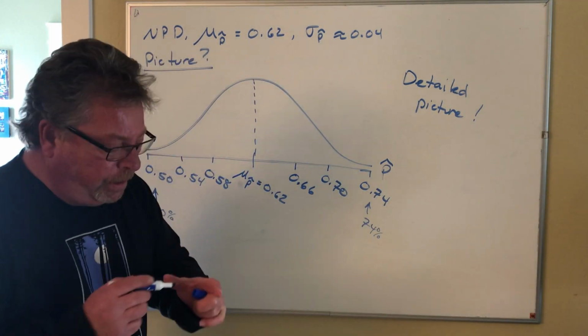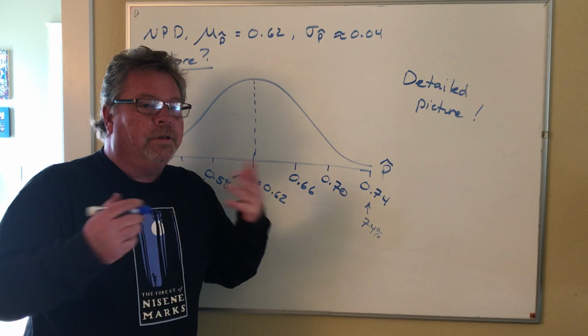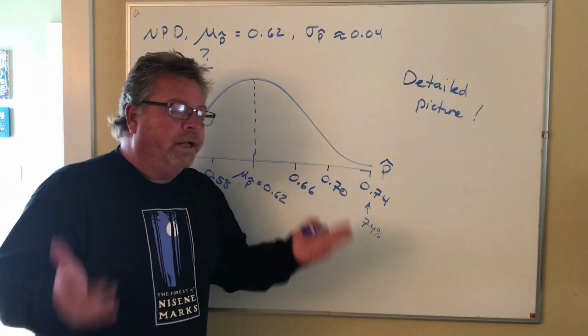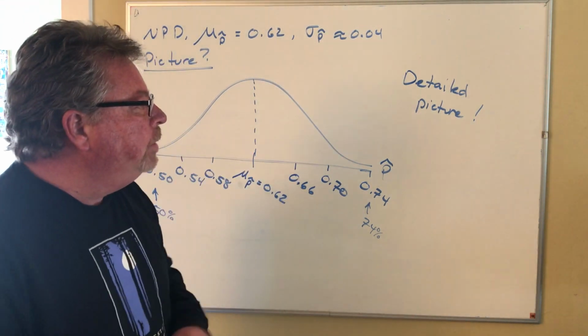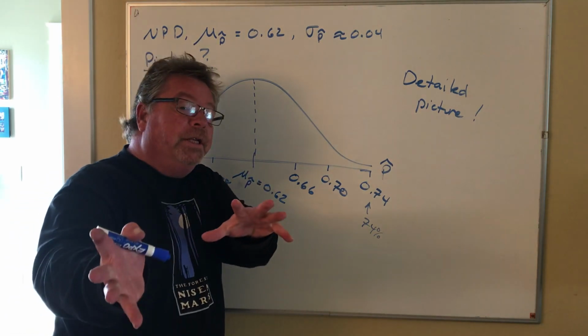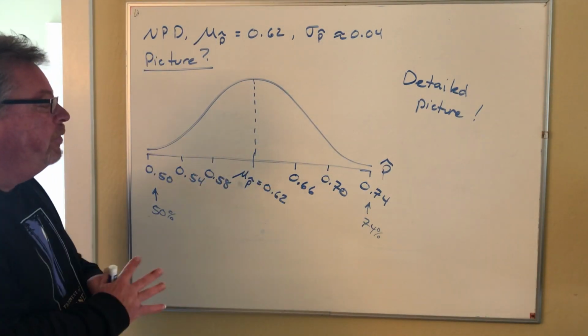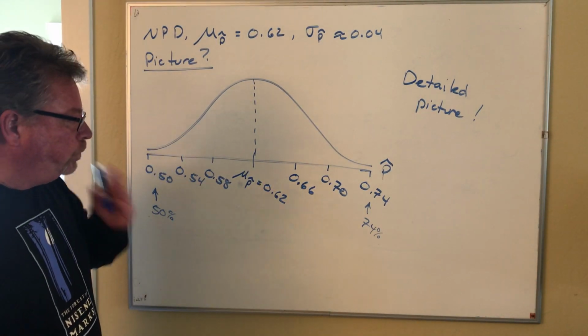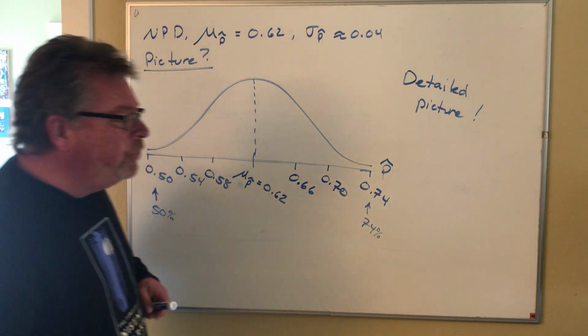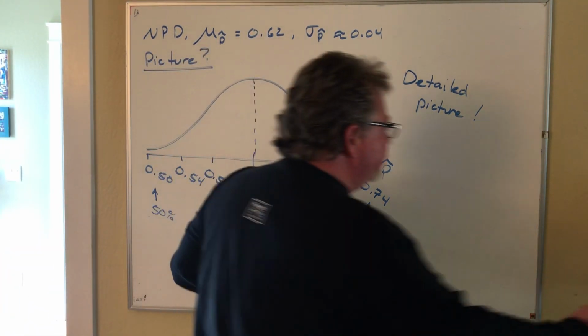And that will come up in the worksheets, the quizzes, not so much in the homework, but when I ask you guys to draw a detailed picture, this is the type of thing that I'm looking for. Okay, so now what I want to do is ask some questions.